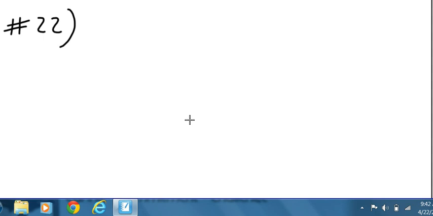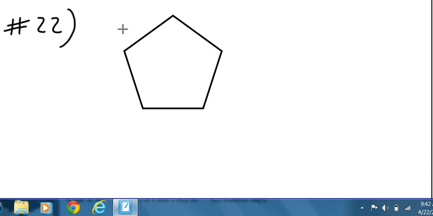I can have a regular pentagon. Isn't that awesome? All right, now that I have a regular pentagon, I can tell you for a fact that each side is 224. So I know all that.